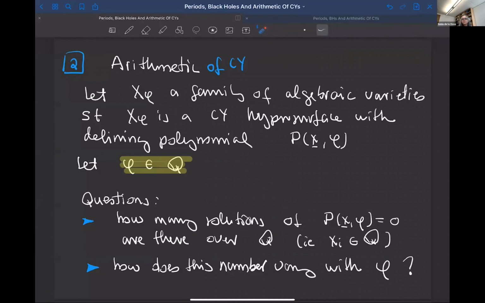If you're a number theorist or a mathematician, a very natural question to ask is how many solutions of the polynomial are there over Q, where the xi belong to the rationals too. And the next question that you will ask as a mathematician is how does this number vary as you vary phi? A physicist maybe has no reason to ask this.